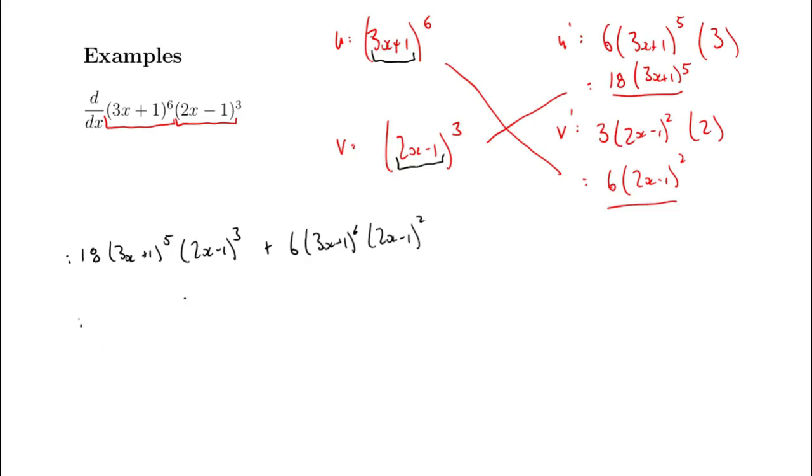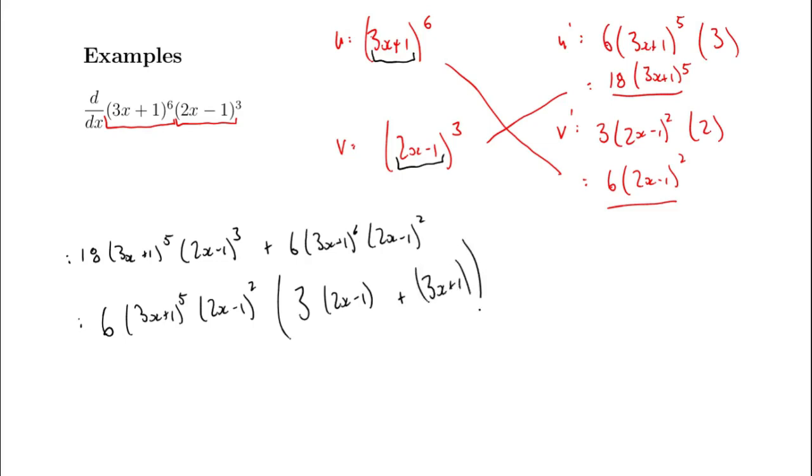If you want, you can do a whole bunch of factoring here. You can pull out a common factor of 6 times 3x plus 1 to the 5th times 2x minus 1 squared. And what you're left with is 3 times 2x minus 1 plus 3x plus 1.